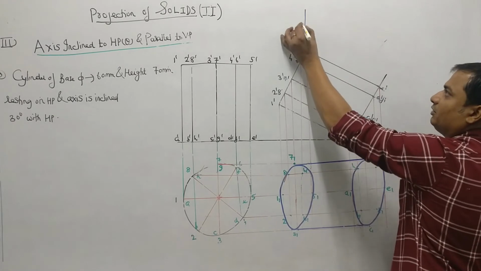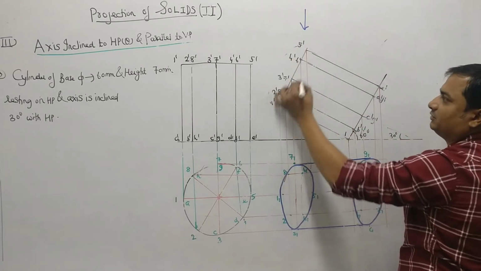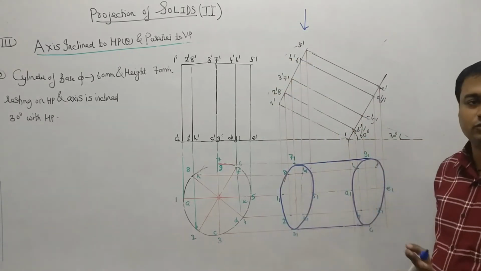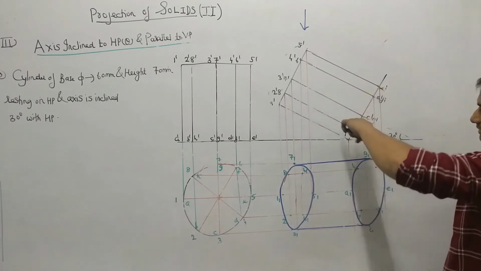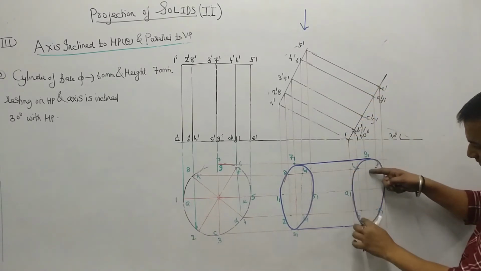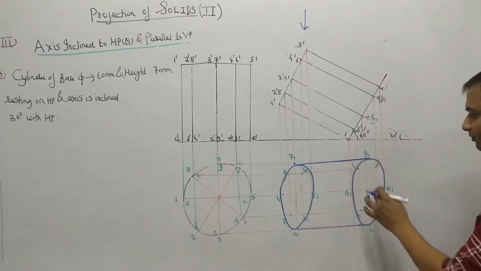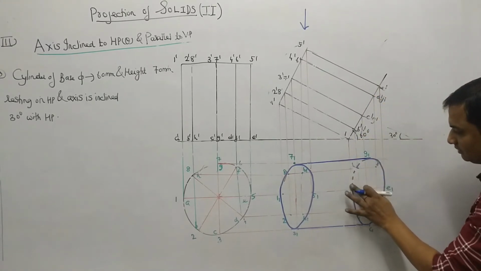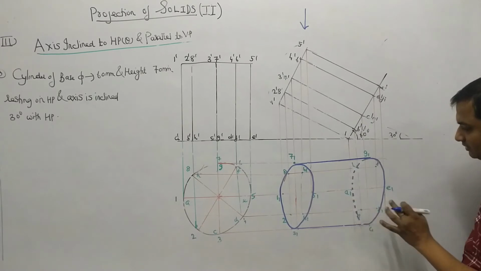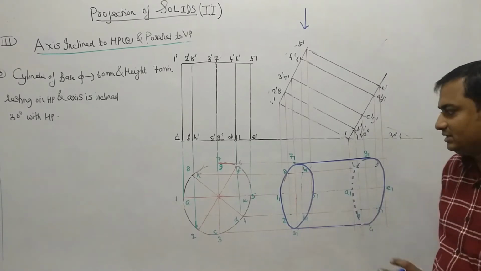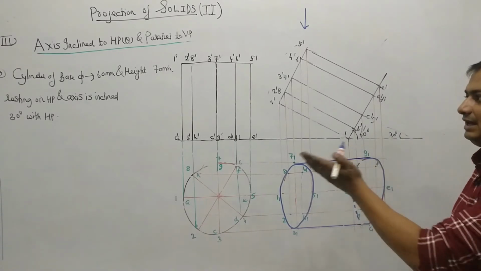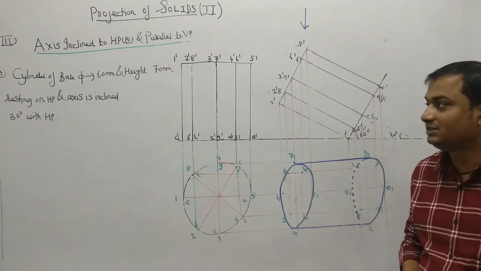When you see from the top, this ellipse is visible. So this is visible. Fine. No need of doing it dotted. But the part inside, the bottom curved part, is not visible from the top. So this part you have to make dotted. This is not visible. So this is the problem of the cylinder when it is inclined at 30 degrees with the HP. So this is the third column.